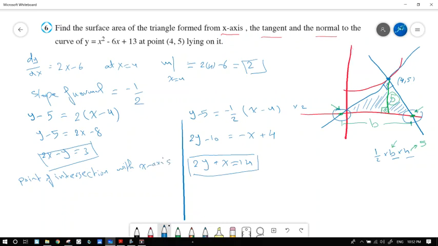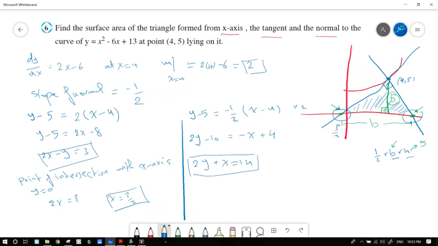To find this point, I have to put y equals 0, because when I'm lying on the x-axis, the value of y will be 0. So 2x equals 3. So x equals 3 over 2. This means that this point is 3 over 2.